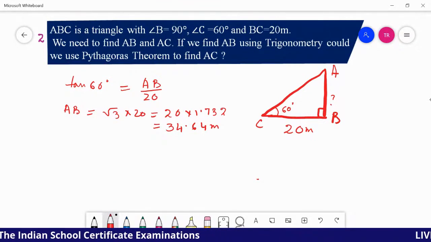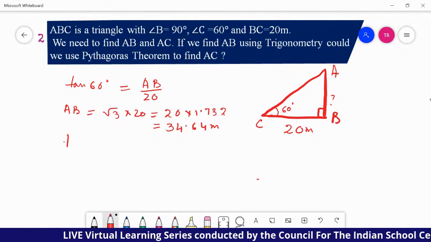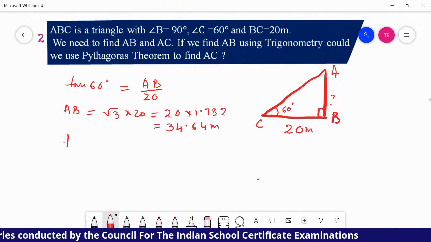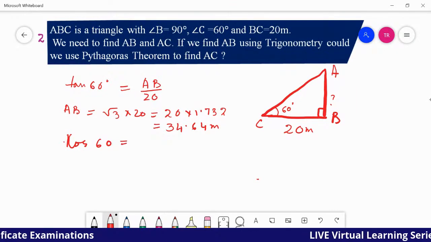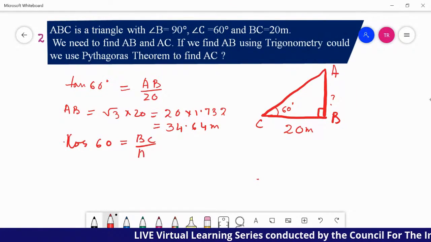Now, if we are using trigonometry, what would I have used? I need AC. We have got the base and I need the hypotenuse, so I'll use my cos ratio. Cos 60 is equal to base, that is BC, by the hypotenuse AC.